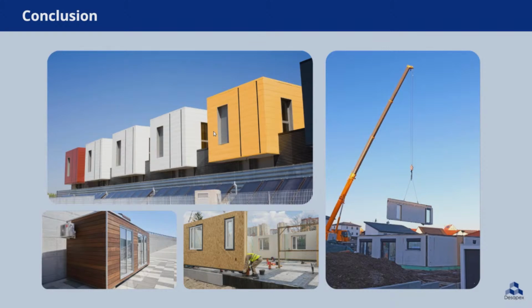Though external factors, including the availability of finance, land supply, public perception, and demand, will affect the success of prefabrication, a higher degree of industrialization is being achieved through mechanization, automation, and robotics now.